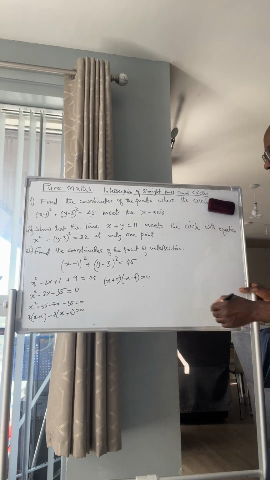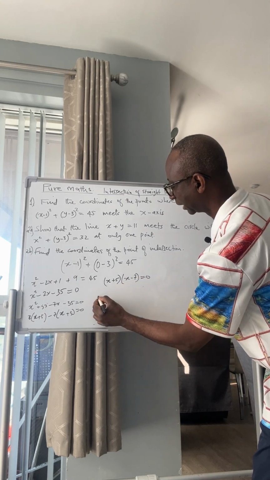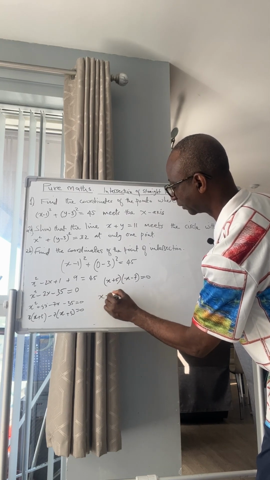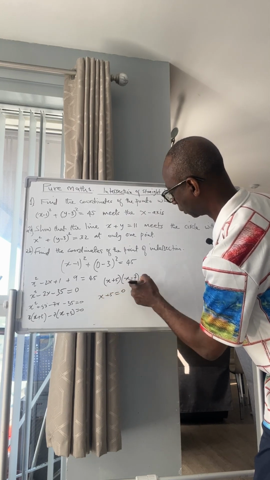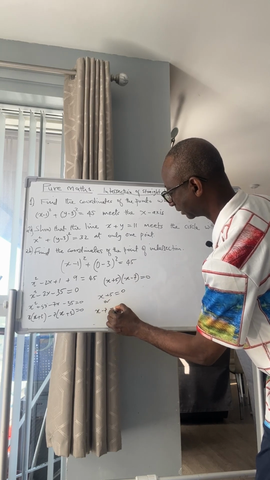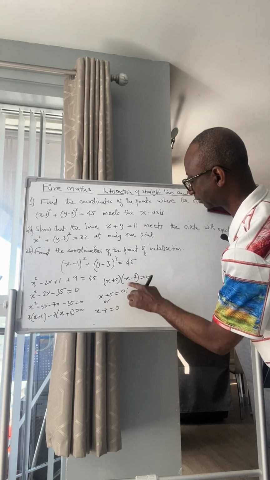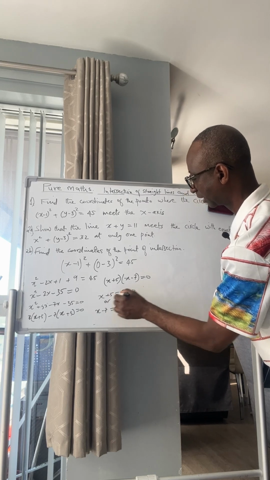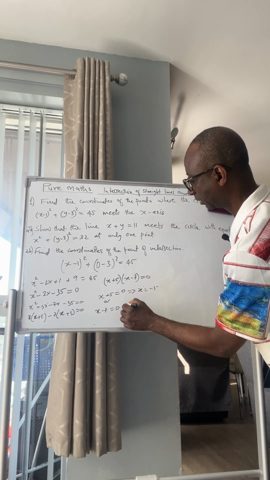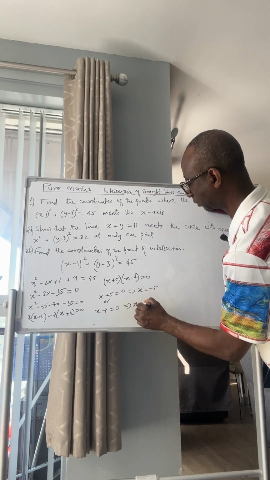Correct? So you now have either x + 5 = 0 or x − 7 = 0. This implies x = −5 and this implies x = 7.